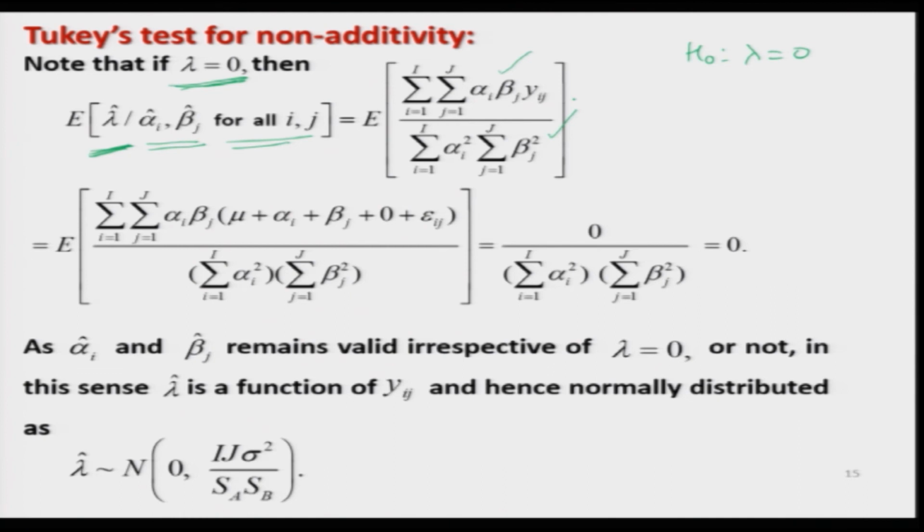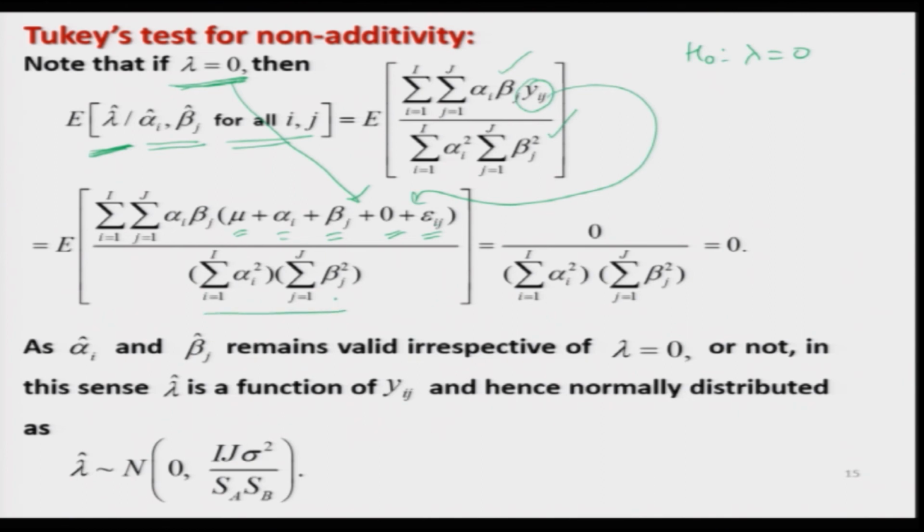And now, if you substitute the value of y I j from the model, you have to write mu plus alpha I plus beta j, since lambda is equal to 0. So, you can write this quantity as 0 plus epsilon I j, divided by the summation alpha I square summation beta j square.